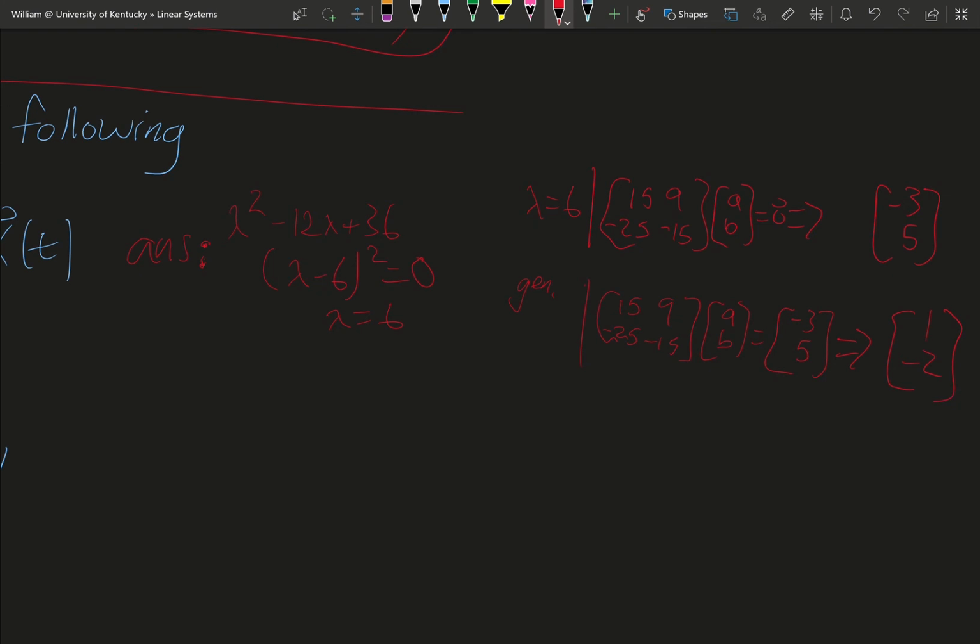The only thing to check is, does this satisfy this equation? So 15 times 1 minus 2 times 9, that's 15 minus 18, negative 3. Negative 25 plus 30 gives us 5, so I know that my answer is correct. Now you just write down your final answer.